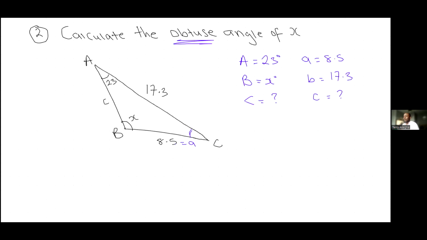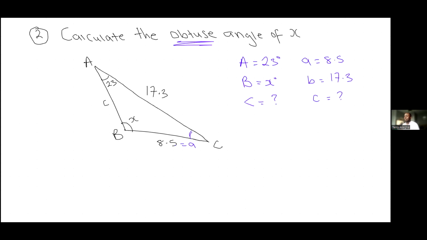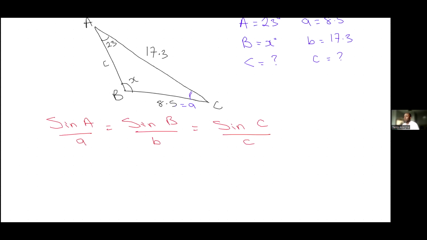So from here, we can now say the sine rule is sine A divided by A is equal to sine B divided by B, and it's equal to sine C divided by C, all right? So it's going to be sine 23 divided by 8.5.